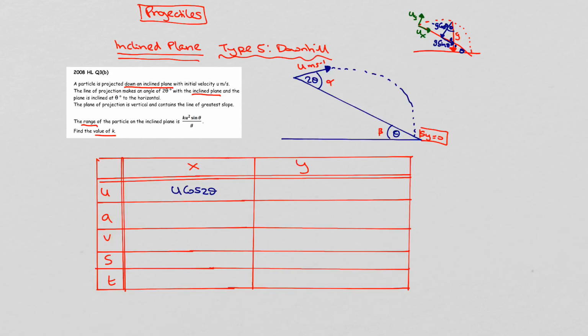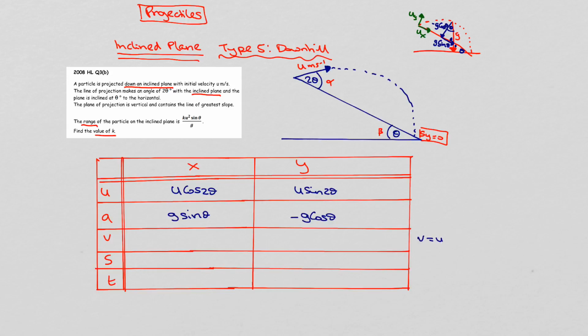And in the y direction, that's u sine 2 theta. A resolved in the x direction, we saw there is going to be the g sine theta. So again, it's going to be positive. And of course, beta in this case is theta. So that's g sine theta, and then it's minus g cos theta in the y direction.